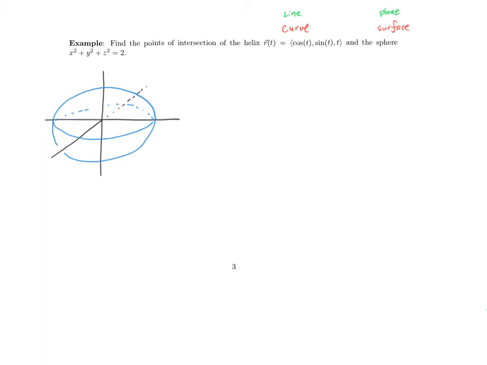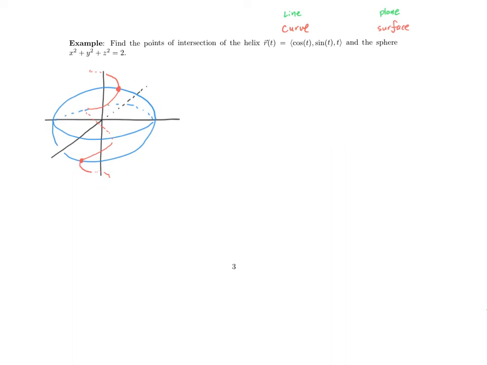I'm going to draw something very generic, and I have no idea if this is accurate or not, but let's say it's just wrapping around the z-axis. And we see that there should be 2 points of intersection. Disclaimer once again, the picture does not have to be perfect, far from it. Just get that general form across.